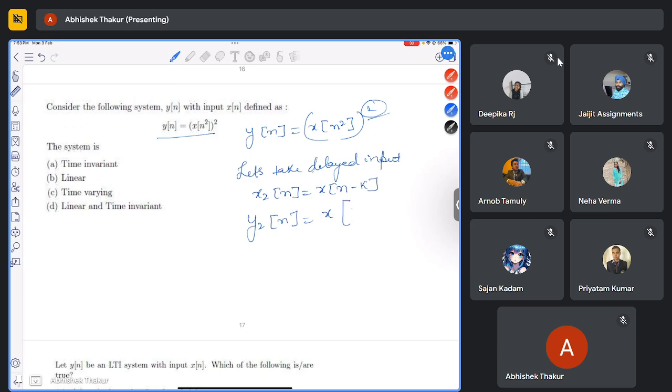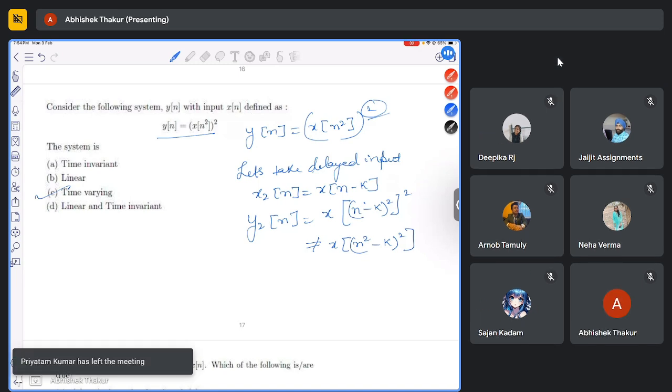It will become n minus k squared, to the whole square. Now this is not equal to x of n squared minus k, whole square. So this system is time varying also. So option C is correct. It is time varying and it is non-linear.